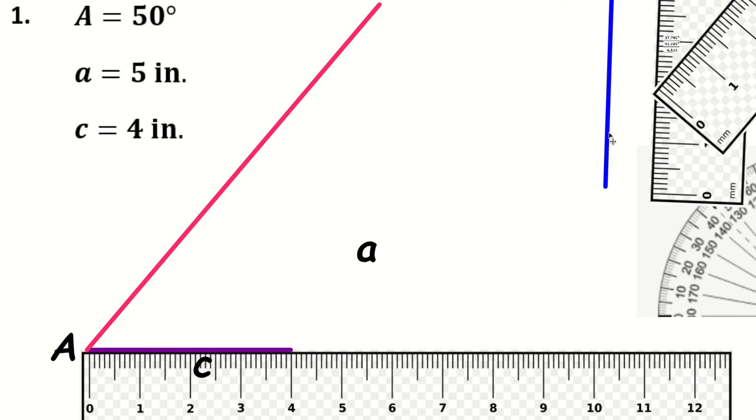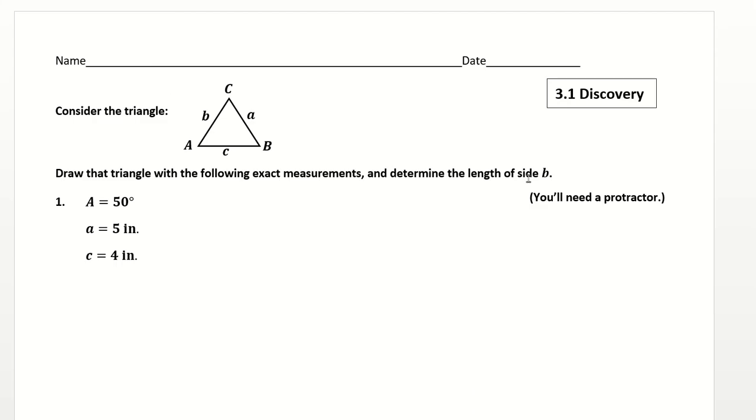I hope it's not the latter. But remember, all you're really trying to figure out is the length of side B. All right, do a hard pause now, and then unpause it when you are ready.